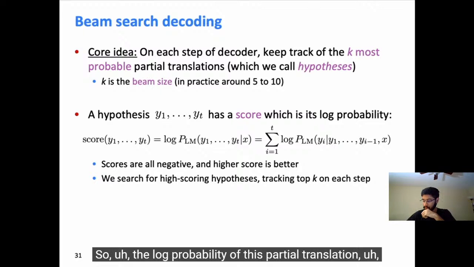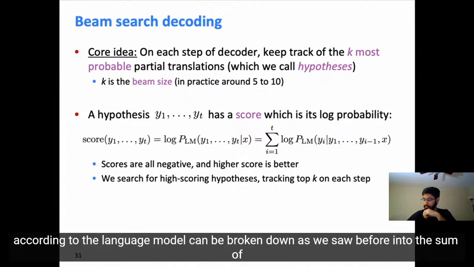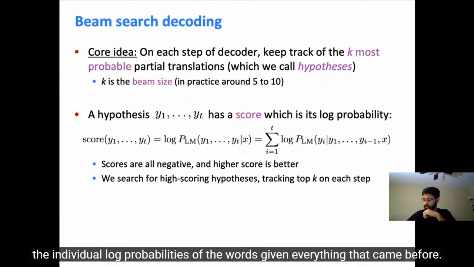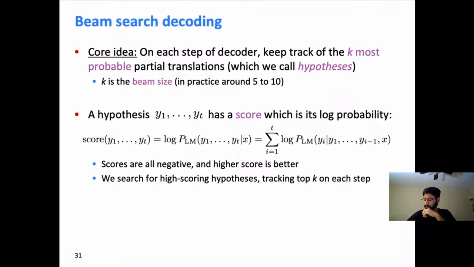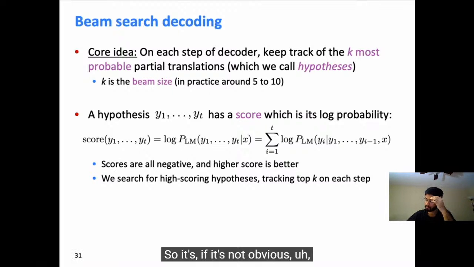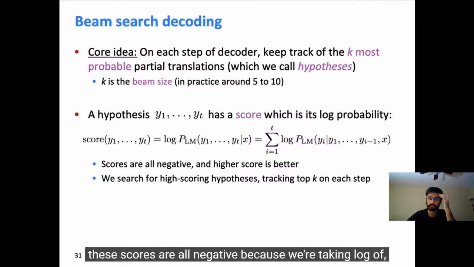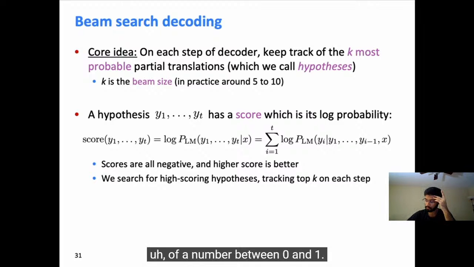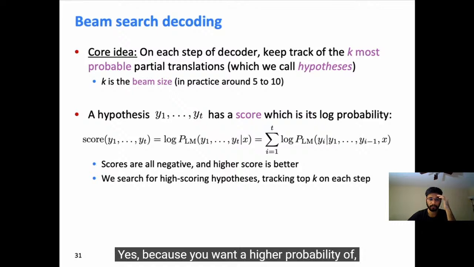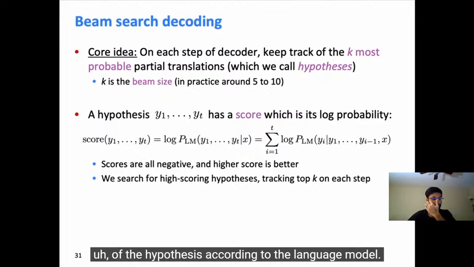The log probability of this partial translation, according to the language model, can be broken down, as we saw before, into the sum of the individual log probabilities of the words given everything that came before. If it's not obvious, these scores are all negative, because we're taking the log of a number between 0 and 1, and a higher score is better. Yes, because you want a higher probability of the hypothesis according to the language model.